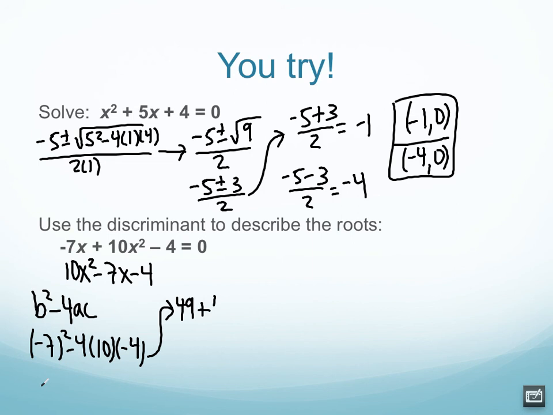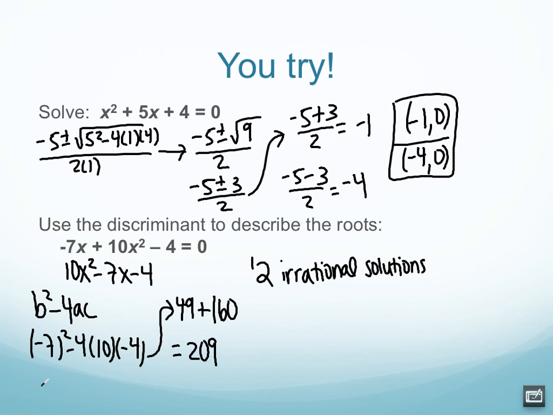Add 160, which is 209. 209 is not a perfect square, so we're going to have two irrational solutions. So they're going to be real numbers, but you're going to have a square root that you can't simplify.